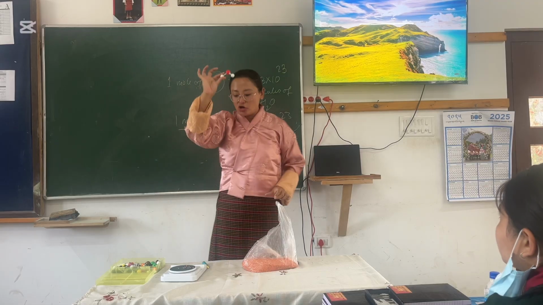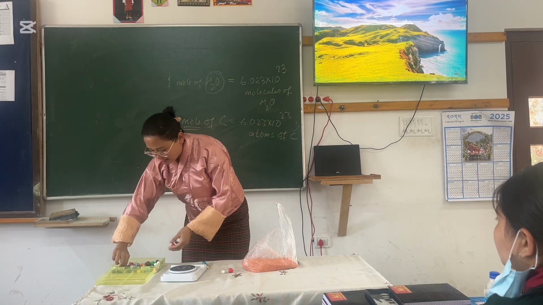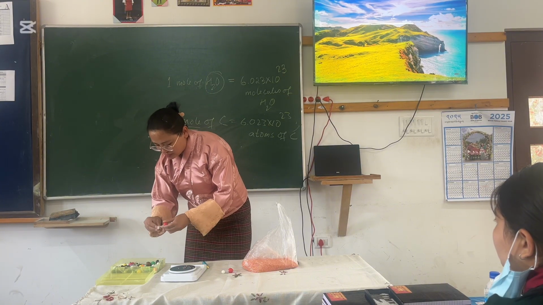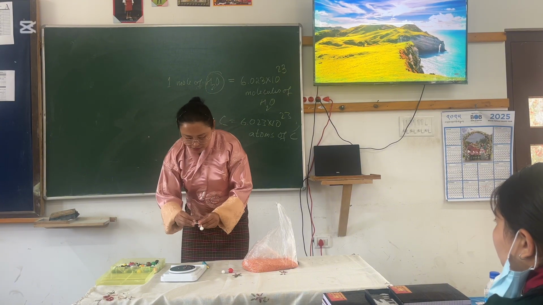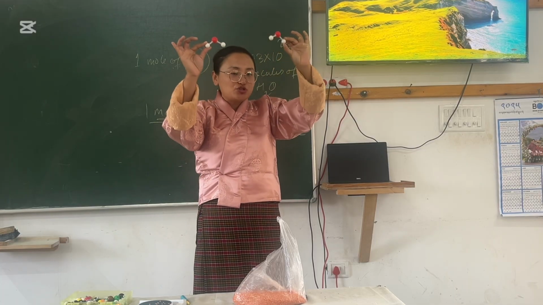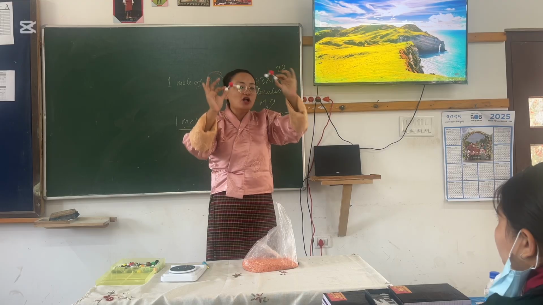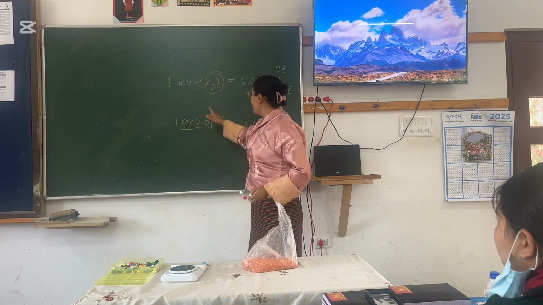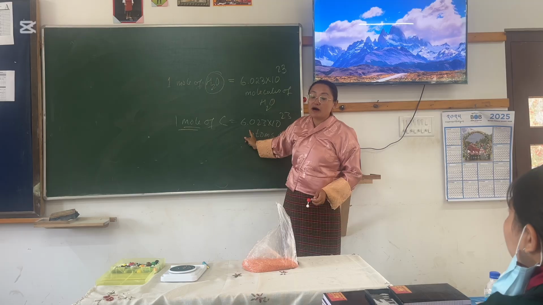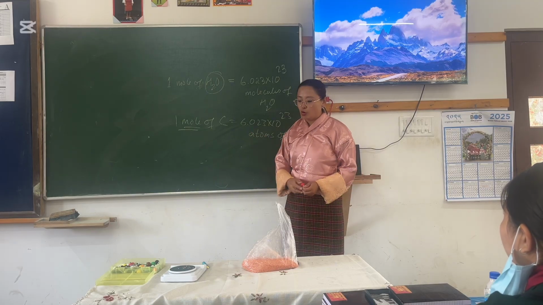If you take another one, you have another molecule of water. So we have 1 molecule, another molecule, 2 molecules. In 1 mole, we have this much number, 6.023 times 10 to the power 23.